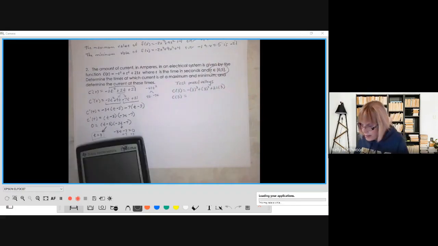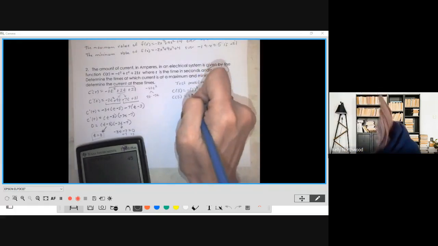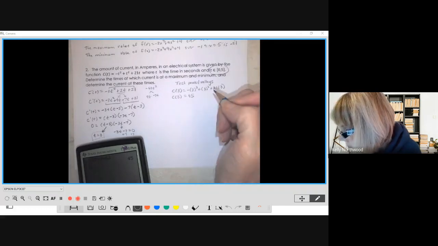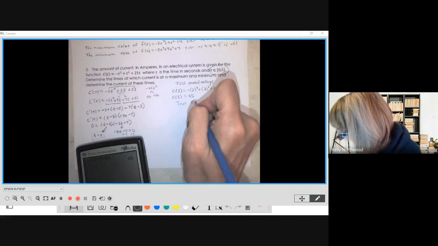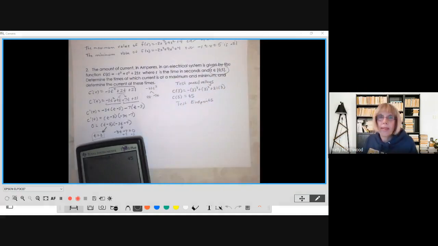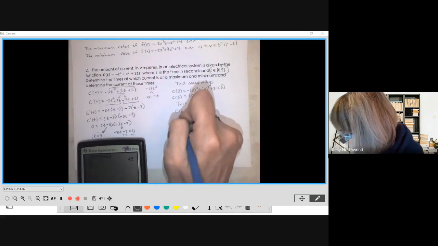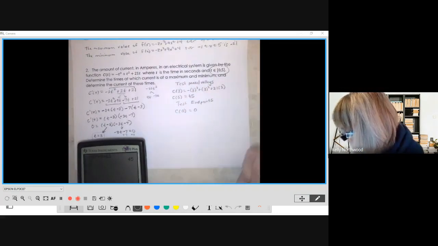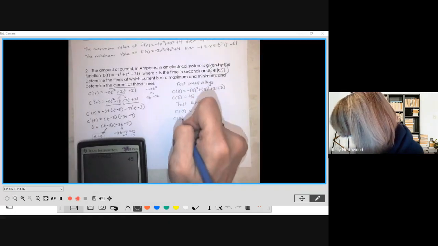So that's going to give us negative 27 plus 9 plus 63, 45. And then we're going to test endpoints. So we're going to find c at 0, which is 0, it's easy. And c at 5.